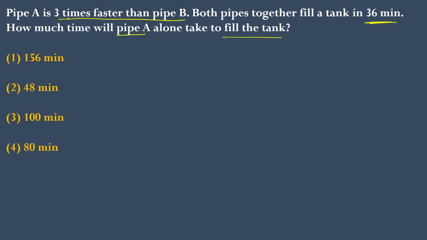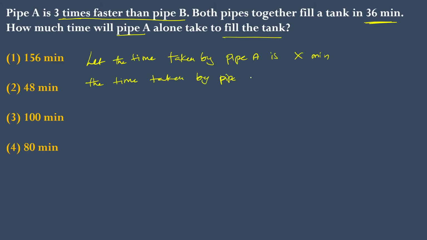Pipe A is 3 times faster than pipe B. So let the time taken by pipe A be x minutes. Then according to the question, the time taken by pipe B is 3x minutes.